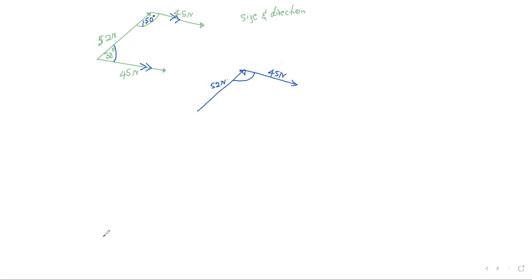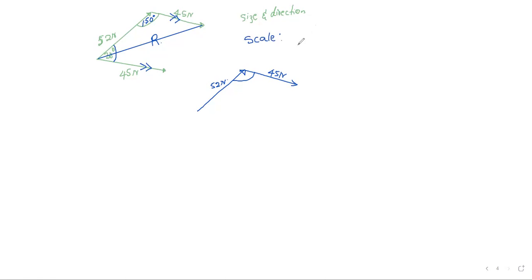Then from that vertex, or from the common point, we will have a vector going there, and that vector will be our R. So 52 newtons plus 45 newtons at that angle will give you R. And if you use a scale, you have to choose a suitable one, and then you can measure those centimeters there and convert them into newtons.